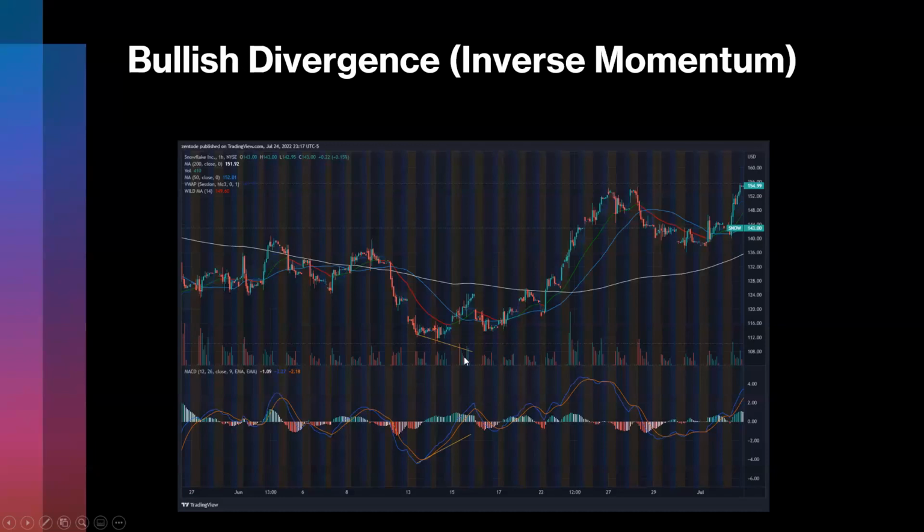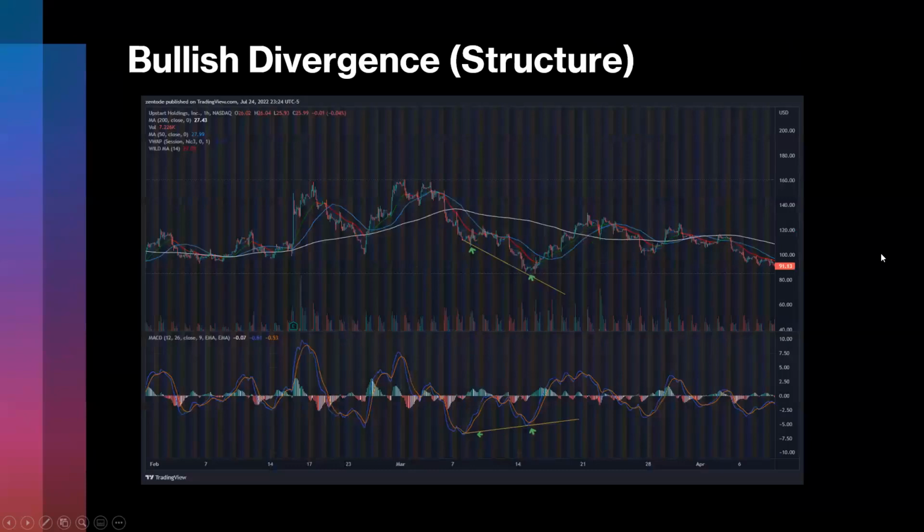So inverse momentum: we get a crossover and momentum is significantly going up, but yet price is still going down. Now this one is structure. Somewhat similar, but a little bit different. You have a point here where we had a reversal.